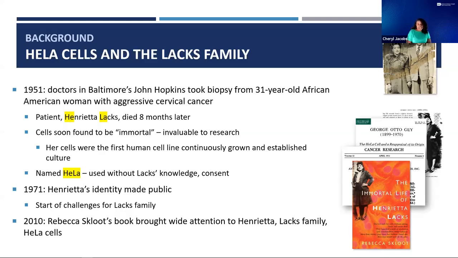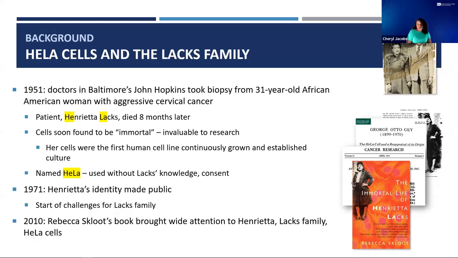But before her death, doctors at Johns Hopkins biopsied her cervical cancer and attempted to grow the cells in culture. The cells from the biopsied tumor were soon found to be immortal, meaning that they grew continuously outside of the body in cell culture.